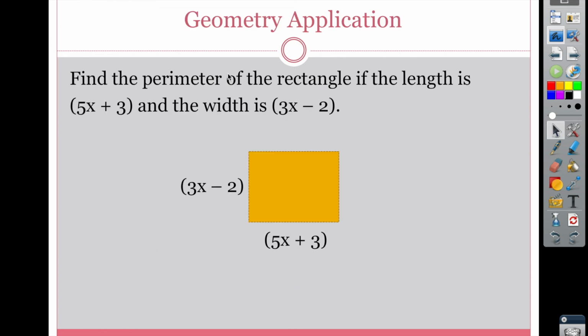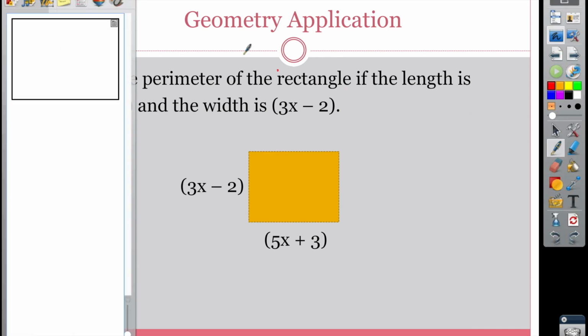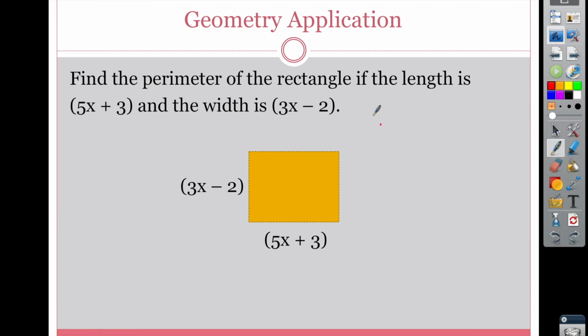Find the perimeter of a rectangle if the length is 5x plus 3 and the width is 3x minus 2. So first off, what is our equation for perimeter? Perimeter equals 2 times the length plus 2 times the width.